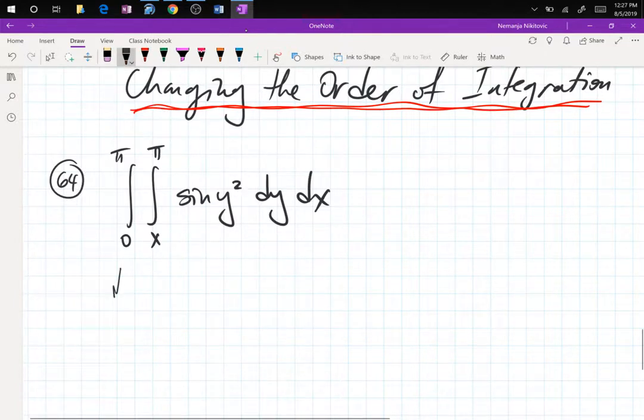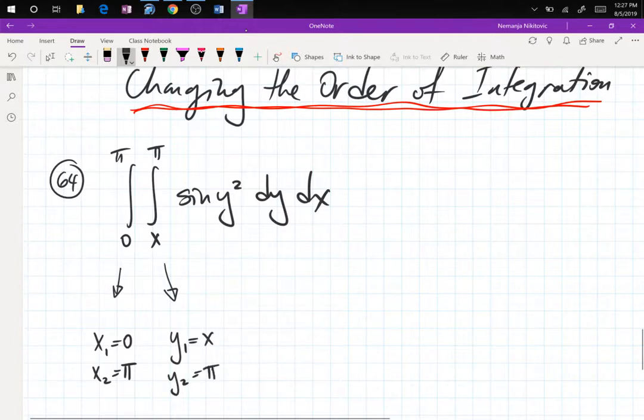What do I have from here? I have that x1 is equal to 0 and x2 is equal to pi. That's what I get from the outer integral because the outer is the dx. The inner one is y equals and y equals: y1 equals x and y2 equals pi.